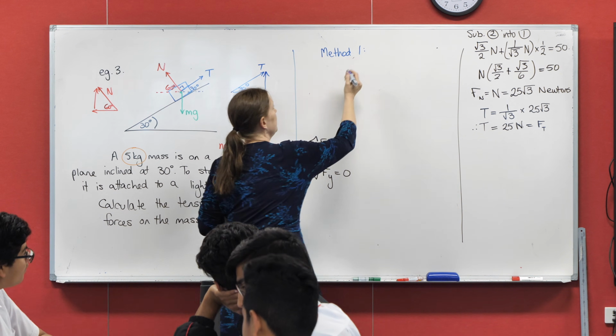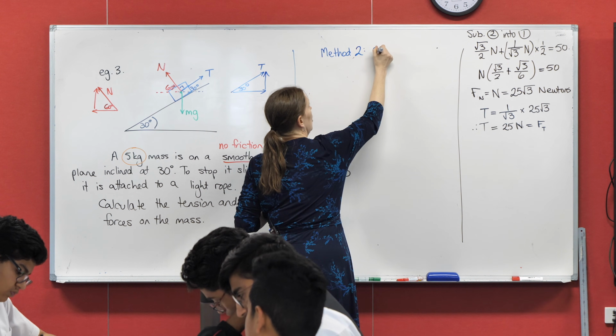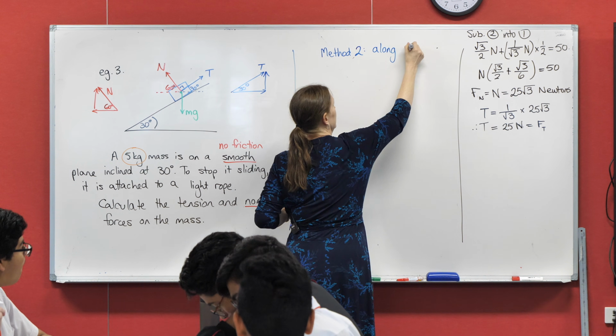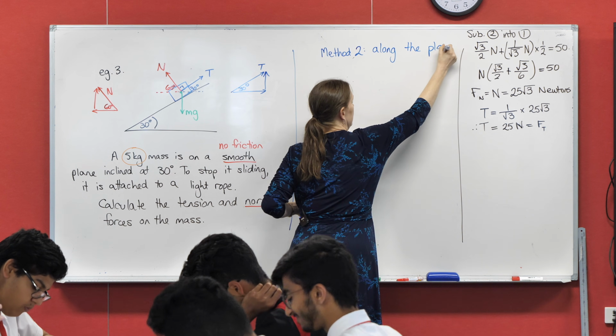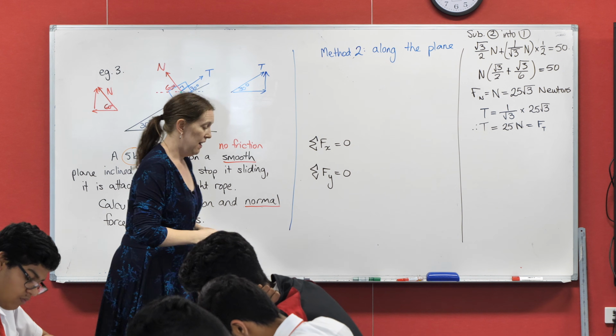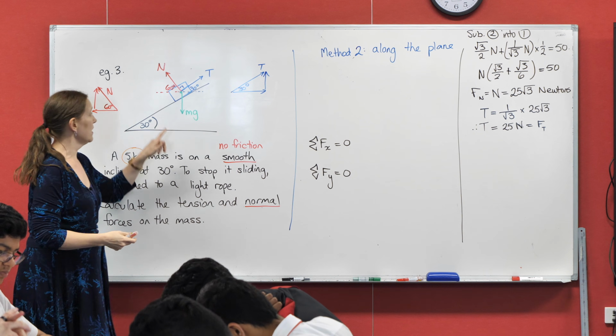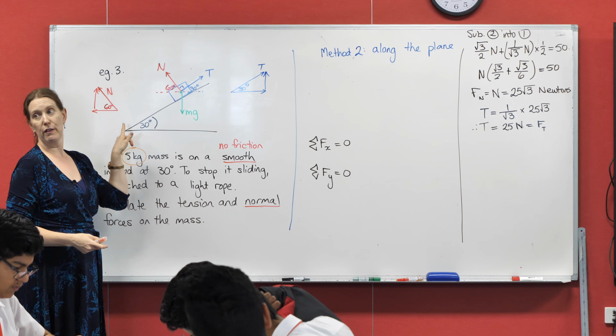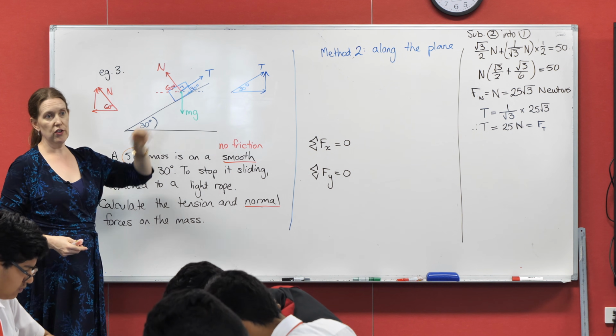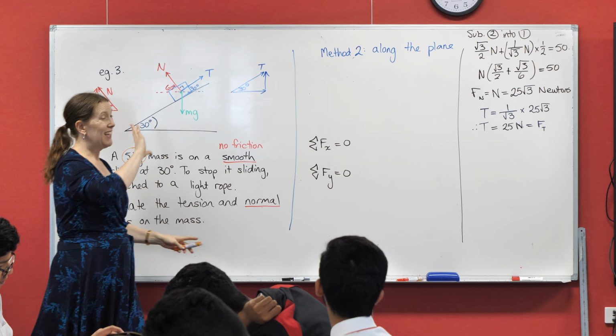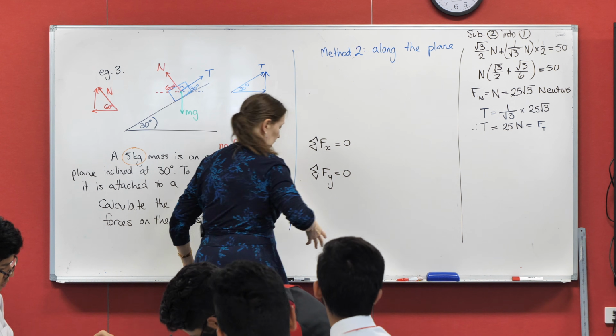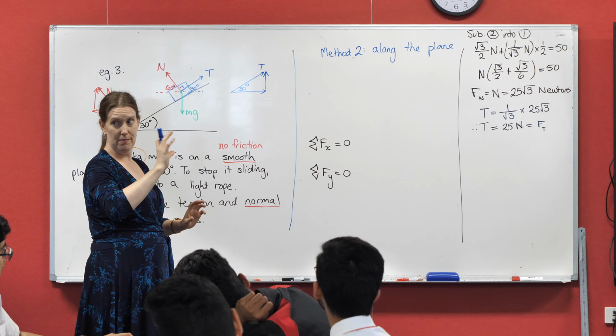Method 2 is along the plane. We have absolutely no reason not to resolve my forces in the direction of the plane. I can even turn it so that it looks like they're not like that.